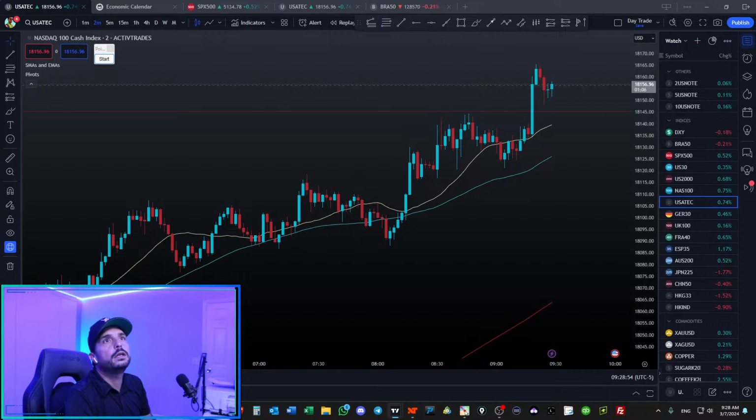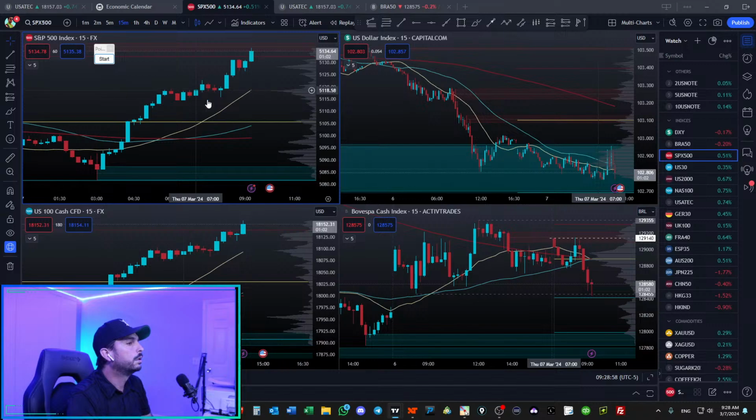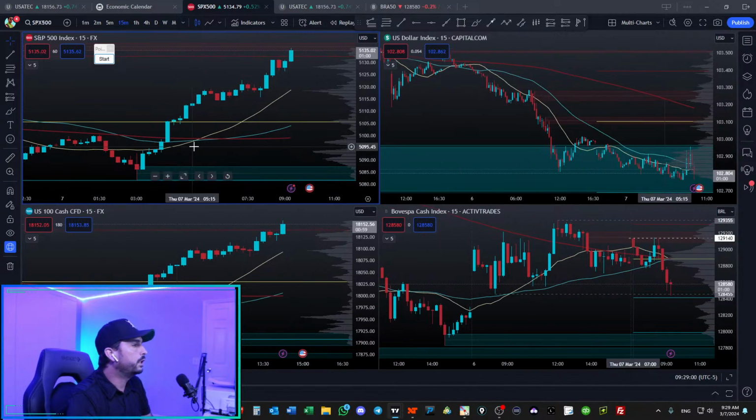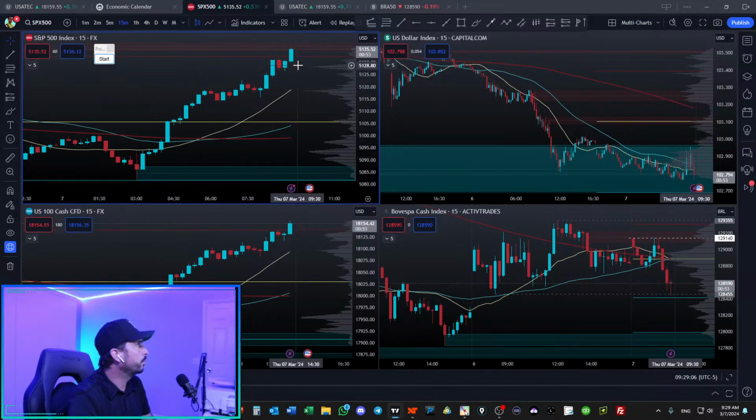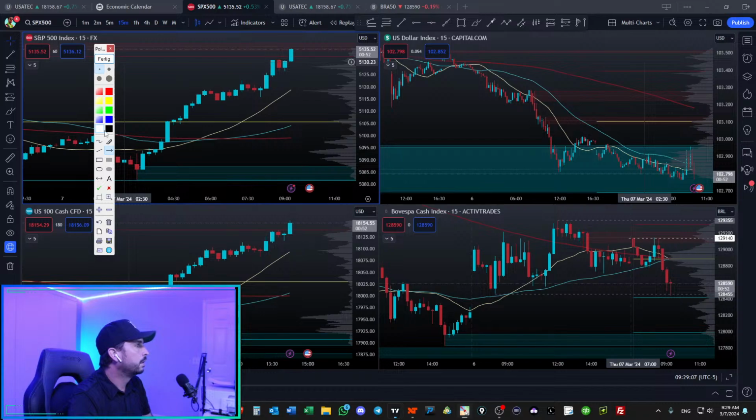In the meantime, I'm gonna leave this chart here. So this top one on the left, those are the higher time frames that I keep an eye on.